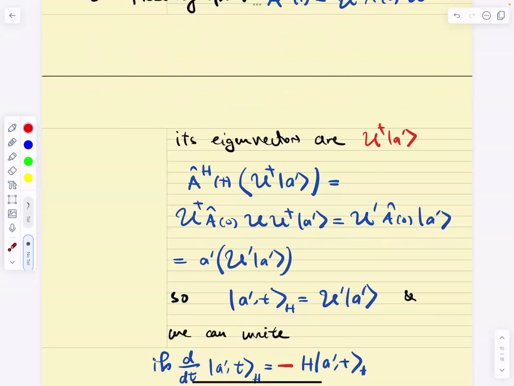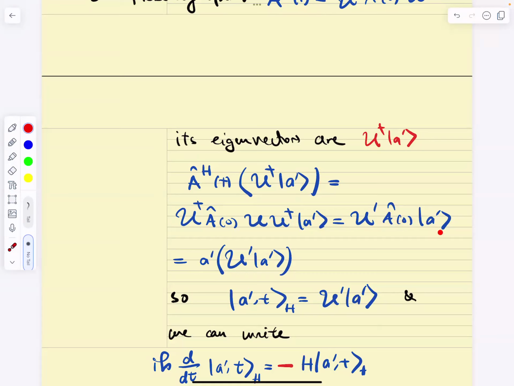Well, just plug it in. If this is an eigenvector, when A of H acts on it, this should give you the eigenvalue multiplied by the eigenvector. So let's just do the calculation. A of H is U dagger A U. This is U dagger A, U U dagger is 1 because unitary. So you end up with U dagger A acting on A prime.